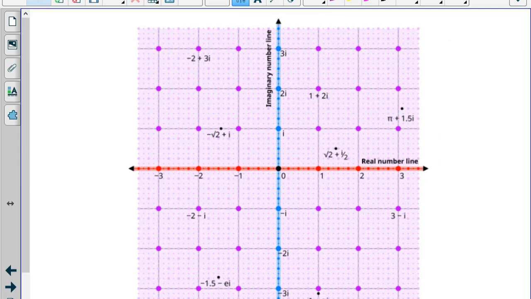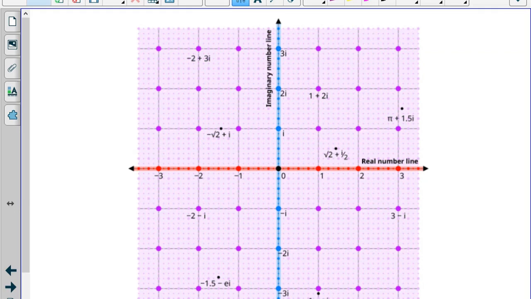The final picture that I want to show you is that when you expand on what's going on in math, the graphical system that you have used ever since you started algebra, where you have an x coordinate and a y coordinate, that actually can be expanded to talk about the real and imaginary part of the complex numbers.